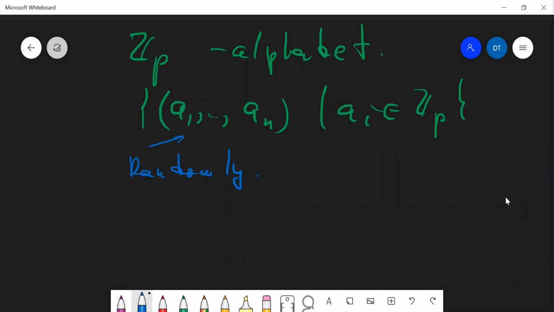I don't want to go into details about what it means exactly that it looks like a sequence generated by a random variable. Probably you will have a course in probability theory next year, so you will see all the details.